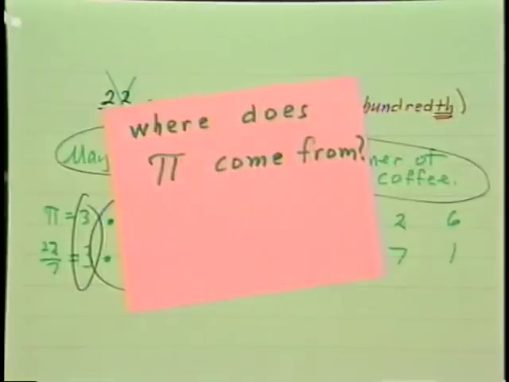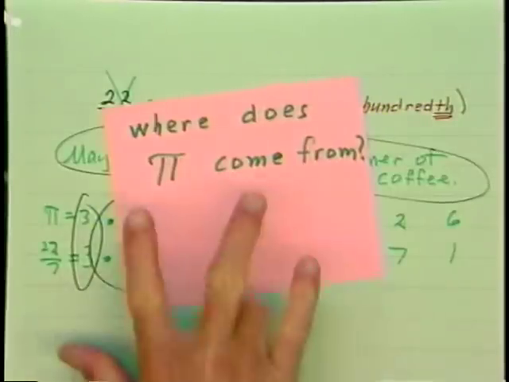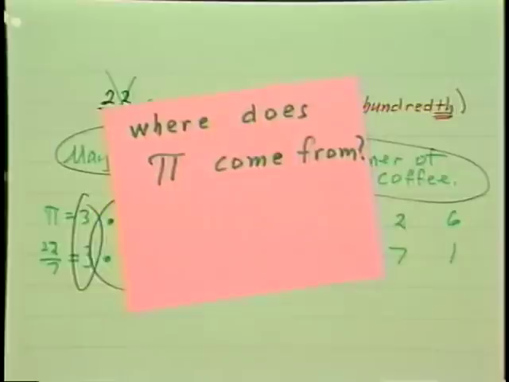By the way, a question frequently asked of me in class at this point is, where does that pi, that number, come from? How does that fit into mathematics? Well, if you don't know, it's very simple and very interesting.